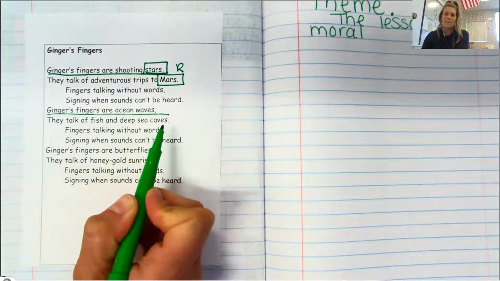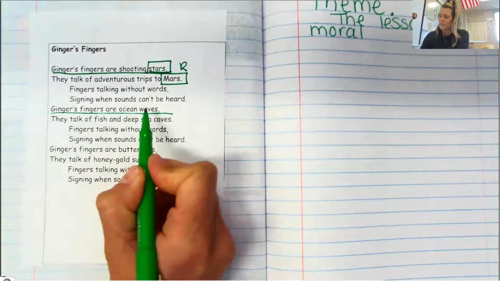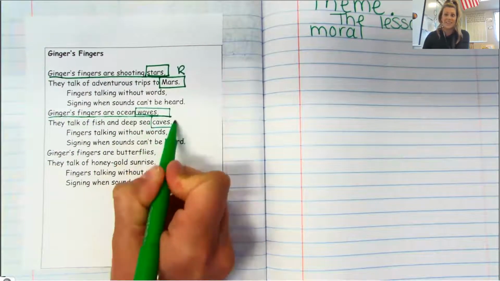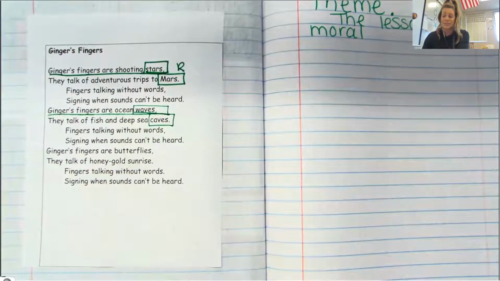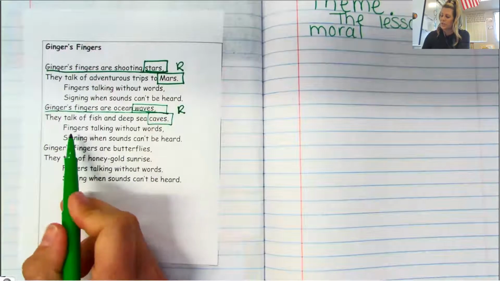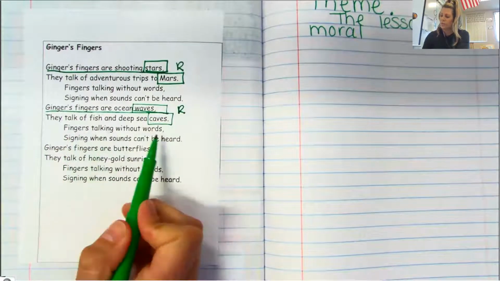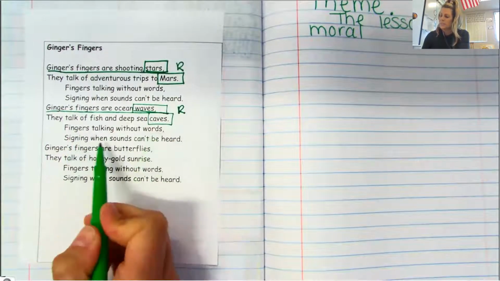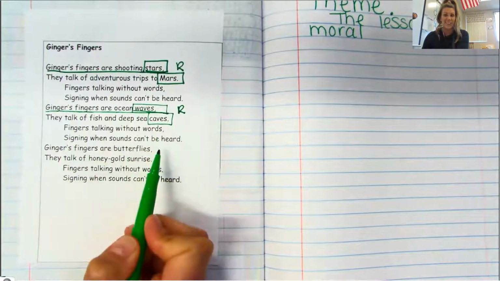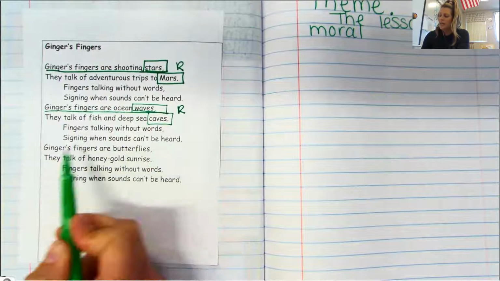So I'm not seeing a metaphor here, but are you noticing anything? Waves and caves are what kind of words? Rhyming words. Fingers, talking without words, singing when sounds can't be heard. Words and heard, they kind of rhyme too, don't they?